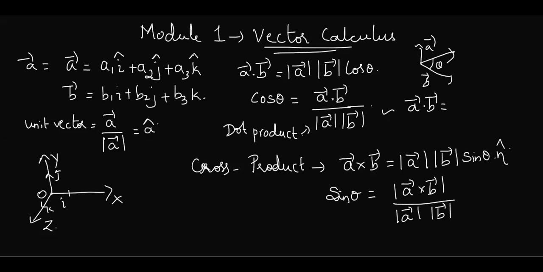You should just multiply the corresponding coefficients: A1 B1, A2 B2, A3 B3, the i coefficients, j coefficients and k coefficients, and just add them. This will give you the dot product in a very simple way.